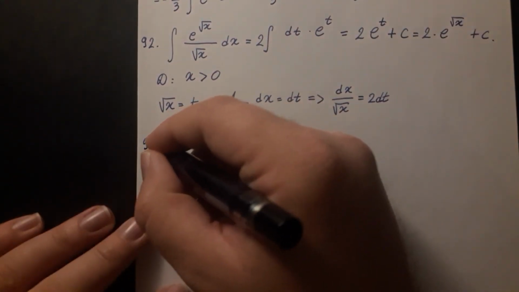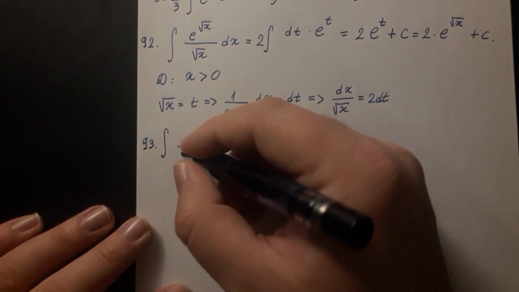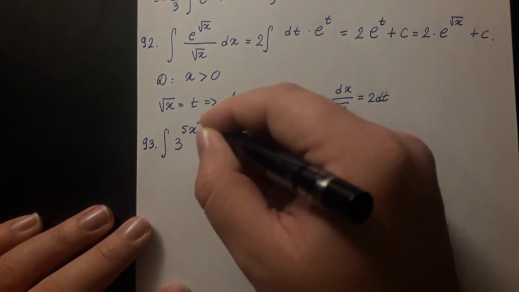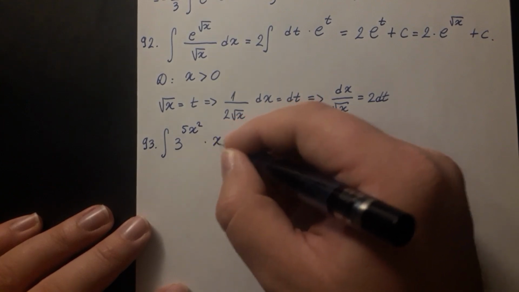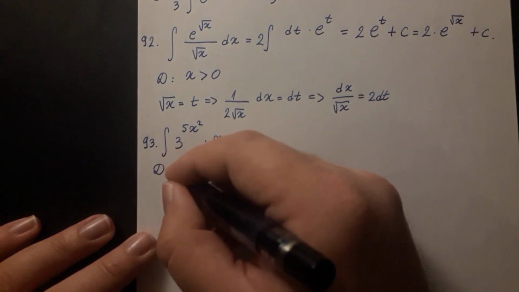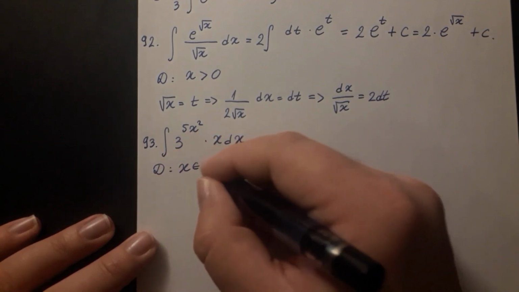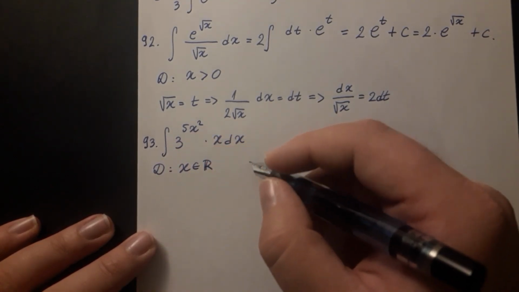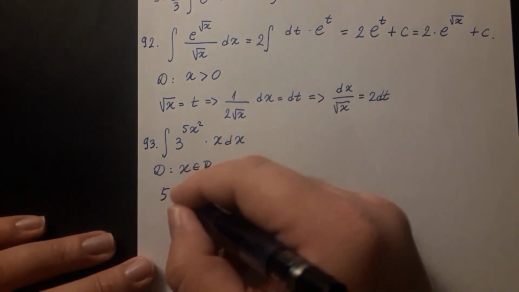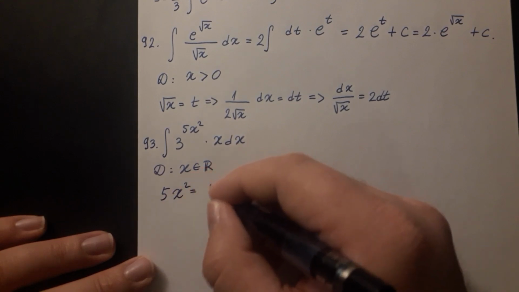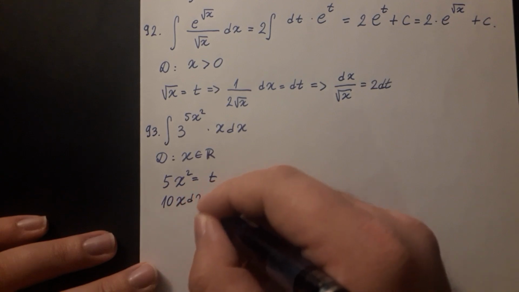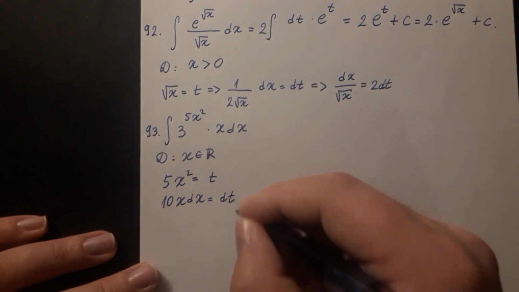Integral number 93 on our list is an integral of 3 to the power 5x squared times x differential of x. Now, area in which this integral is defined is for all x's which are real numbers. This integral can be solved using a substitution that 5x squared is equal to t, and that means that 10x dx is equal to dt.